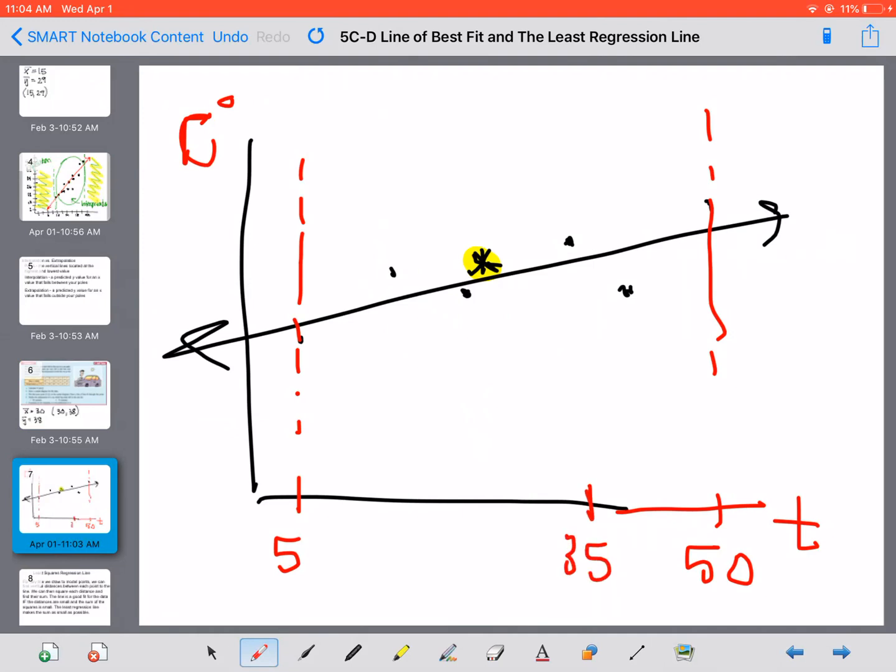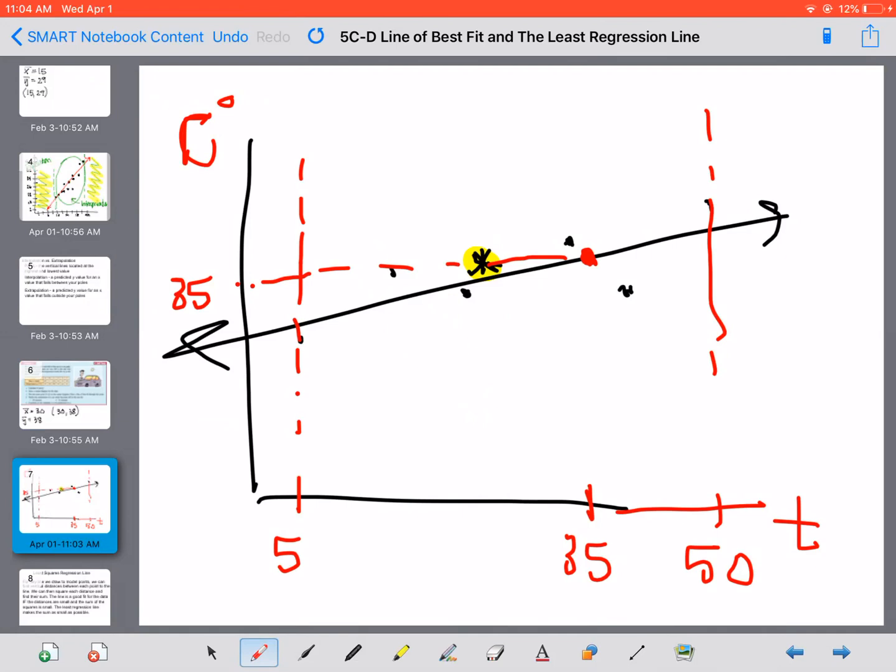So when we go up to our line, that's the point, and if we follow it over here, it is about 35 here as well. To predict, it's falling inside of our poles, which means that's interpolation, and so that is going to be an accurate prediction. So after 35 minutes, your car is going to be around 35 degrees Celsius.